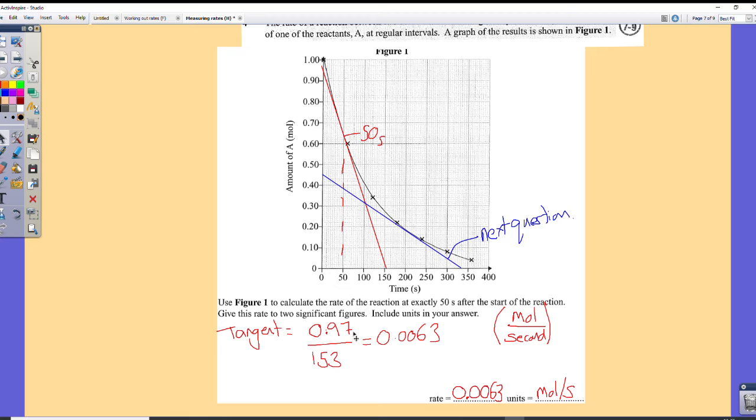So it's 0.97 divided by 153, which is going to give me 0.0063 in here. And the units, well, we're dividing moles for the top one by time in seconds for this one. So it's moles divided by second, which gives us moles per second.